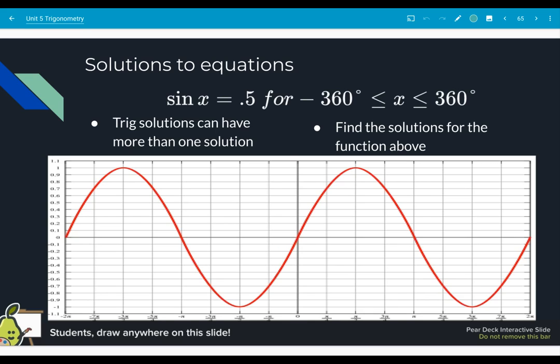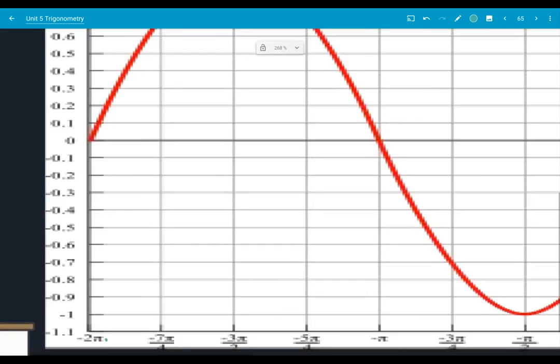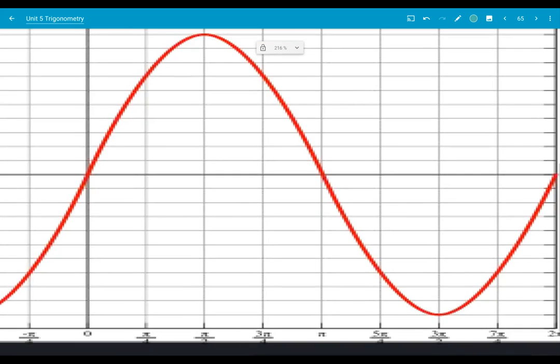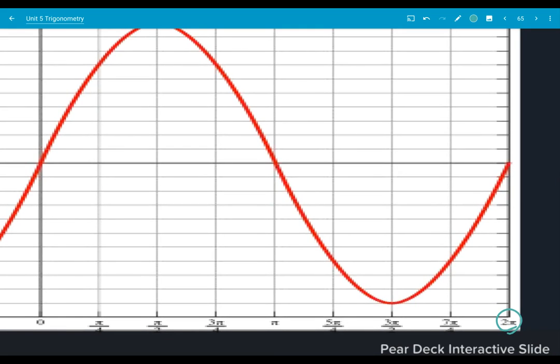Now we're looking at solutions. Solutions to trig equations get tricky. This particular function here is sine of x, and it's from negative 360 to positive 360, just negative 2 pi to positive 2 pi. If we look down here at the bottom, we see a fuzzy 2 pi, and over here again we see 2 pi.